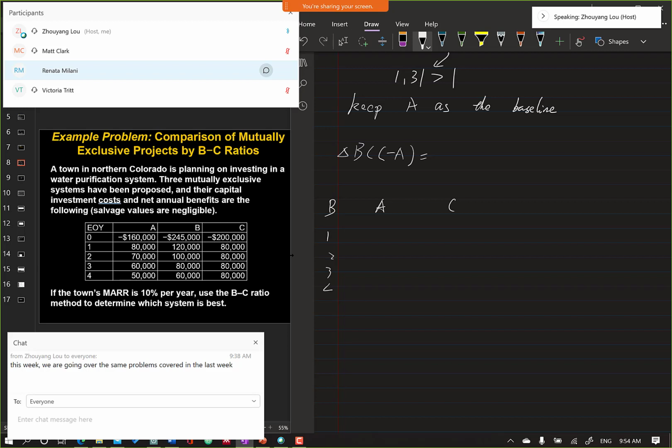So maybe I just write the other order. That's easier for the notation. So the first year for C is 80,000, and A is 80,000 as well. And because C is all 80,000, I don't write it anymore. For A, that's decreasing by 10,000 each year.